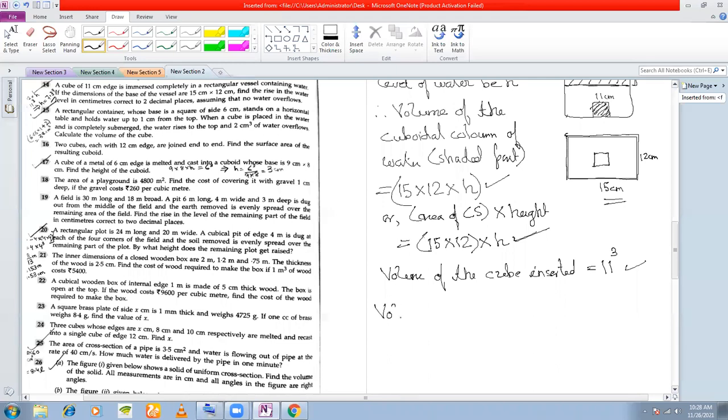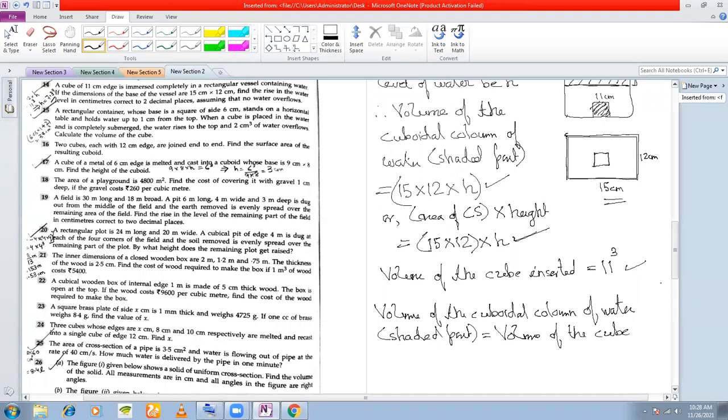So volume of the cuboidal column of water, let's say shaded part, is equal to volume of the cube, right?